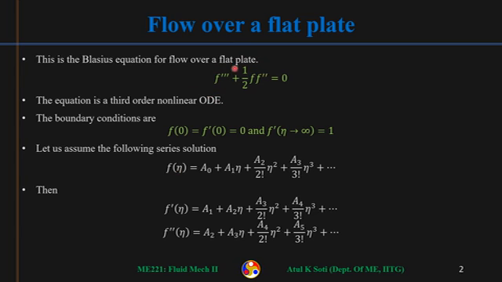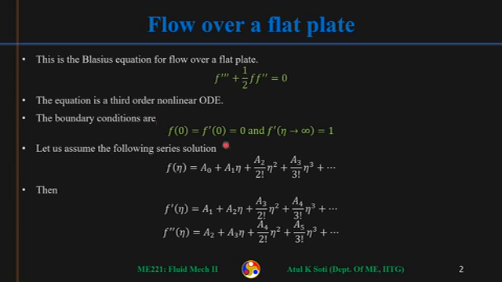So f of eta we will put here, and what we need to know are these coefficients. If we can find out these coefficients a0, a1, a2, a3, and so on, then we will know the expression for f of eta, and then we can find out the velocity profile inside the boundary layer. And this expression should also satisfy boundary conditions if it is a solution.